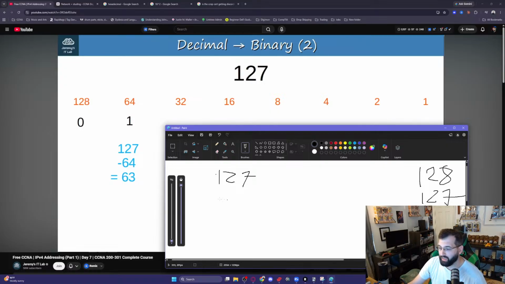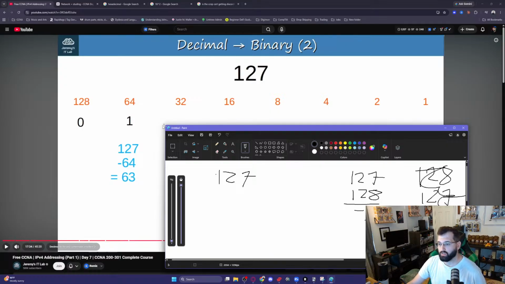However, that's not how this works. I need to know if this can go into that. If it can't, because there's not enough, then it doesn't work. So it's actually flipped. 127 subtract 128 would be -1. We can't have negatives, so this is just 0.